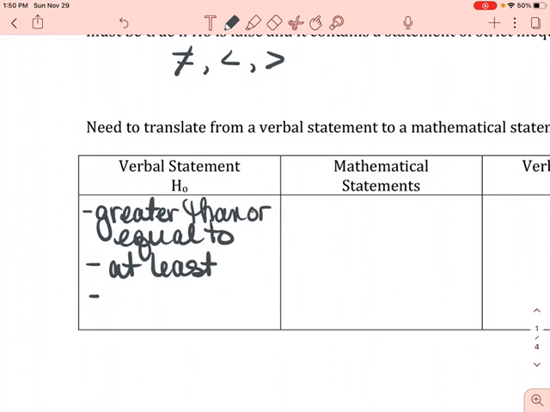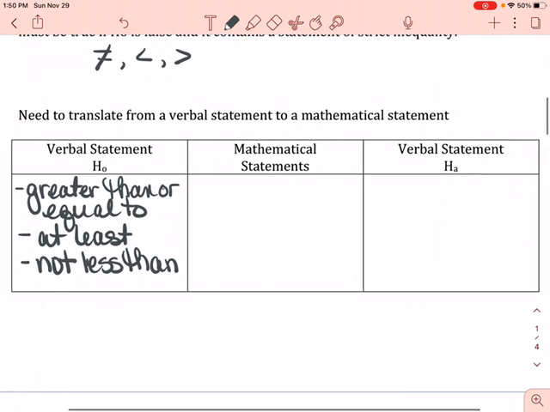It might say not less than. Then your H sub 0, and I'm going to use mu, but you can use any of your population parameters, would be mu greater than or equal to some value. Let's just call that value k, just for having a letter there.